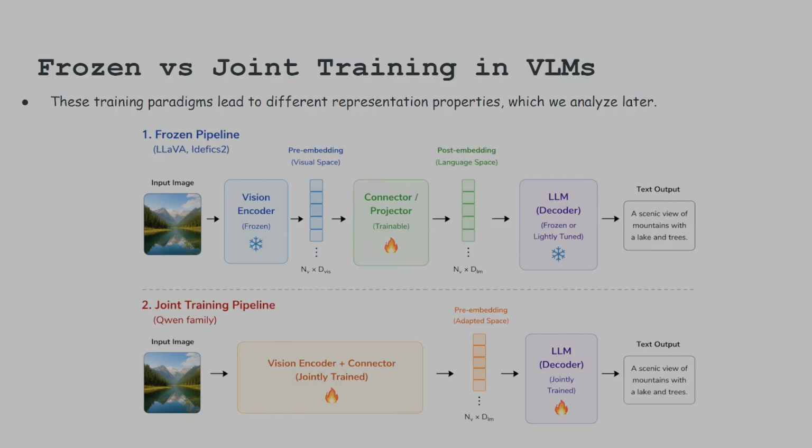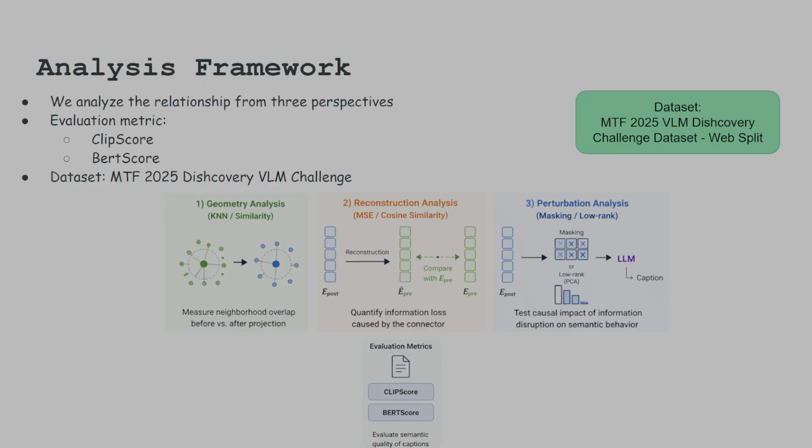That's the main difference. For our analysis framework, we're using three different perspectives to analyze the relationship between the information loss and the final semantic behavior. First, we're using a geometric analysis to show that there is geometric distortion before and after the connectors.